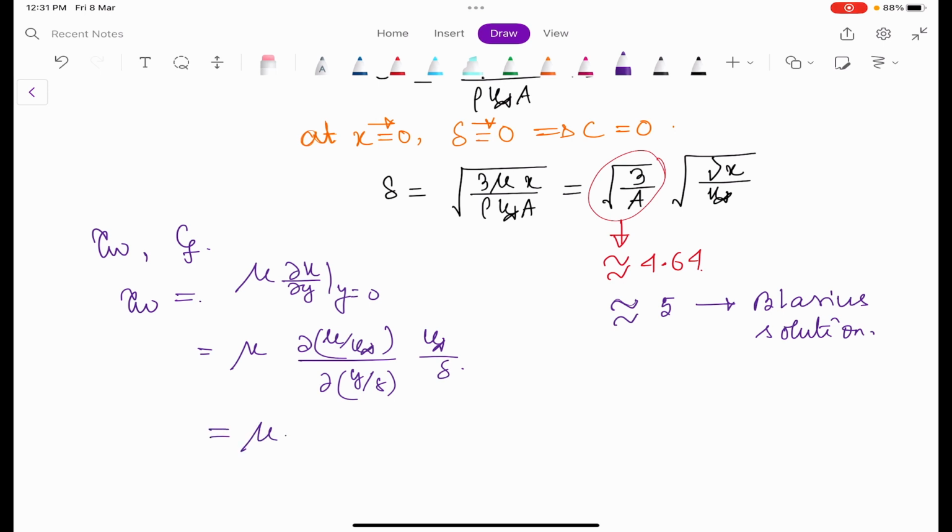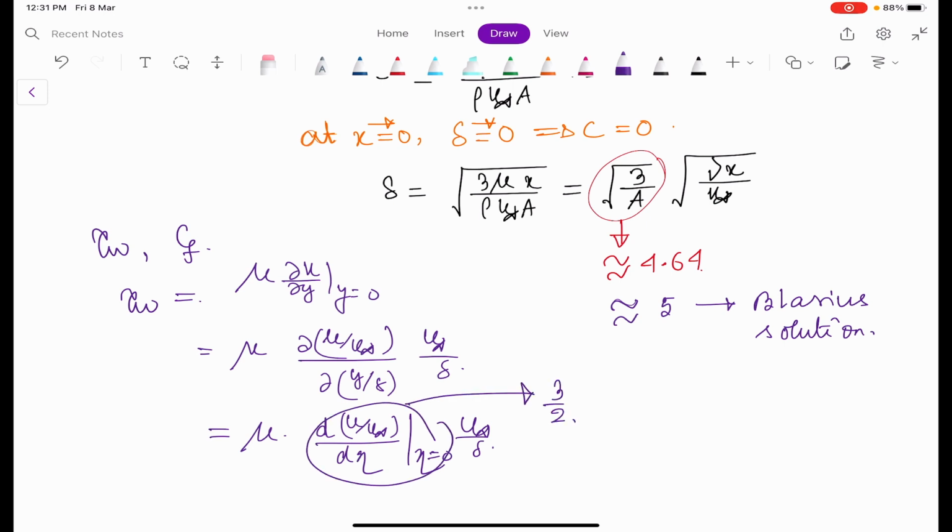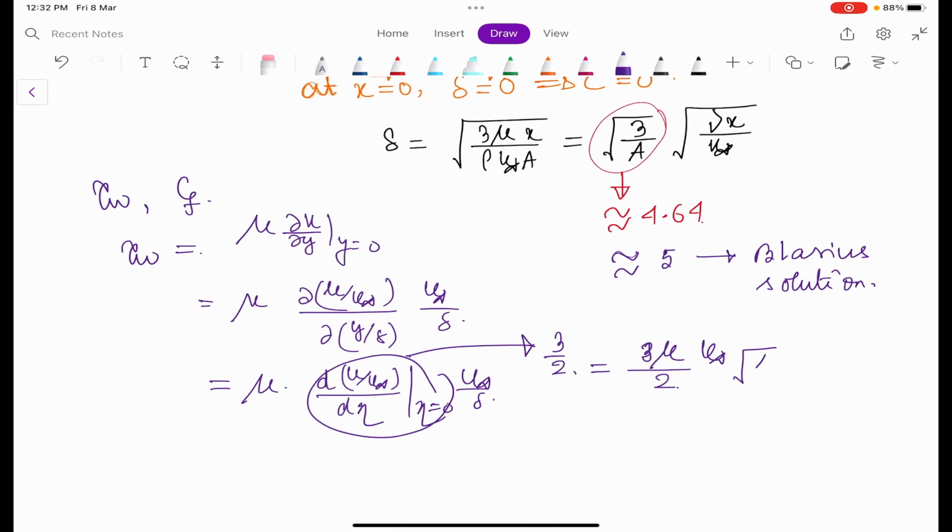Now you put the values, so this will be du by u infinity d eta at eta equal to 0 into u infinity by delta. Now you know this value, and that is nothing but 3 by 2. We got that. So this will be 3 mu by 2 into u infinity. Now you know the variation of delta, so this will be a by 3 into u infinity by nu x. You will find the same structure, okay.